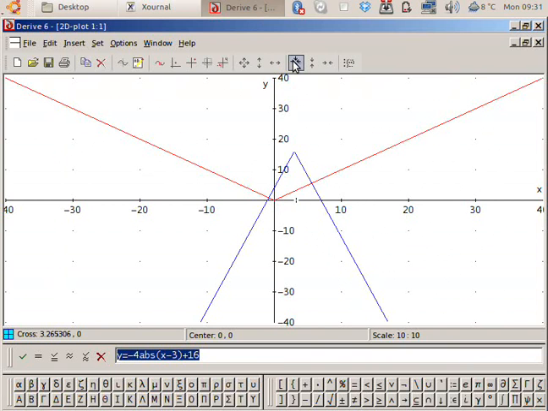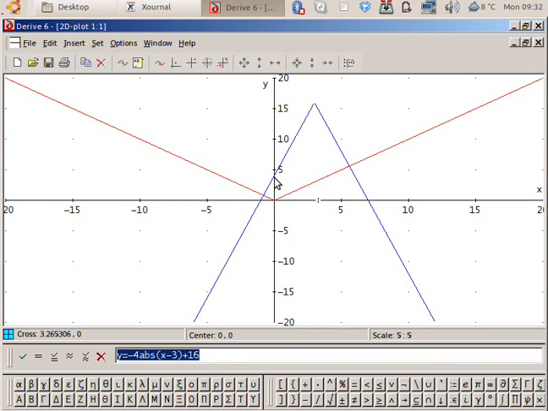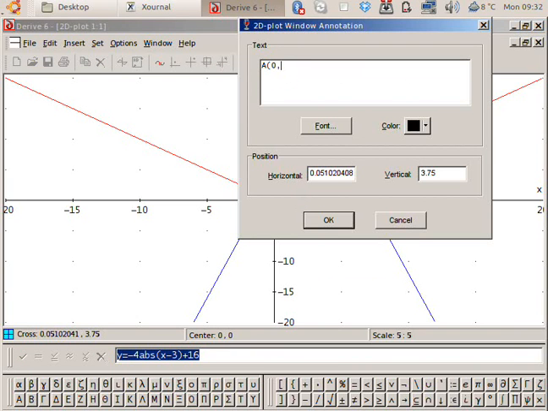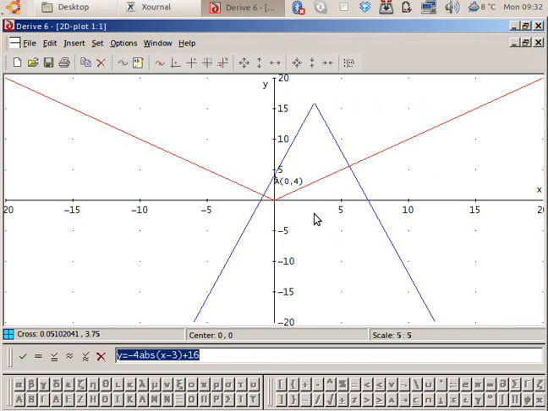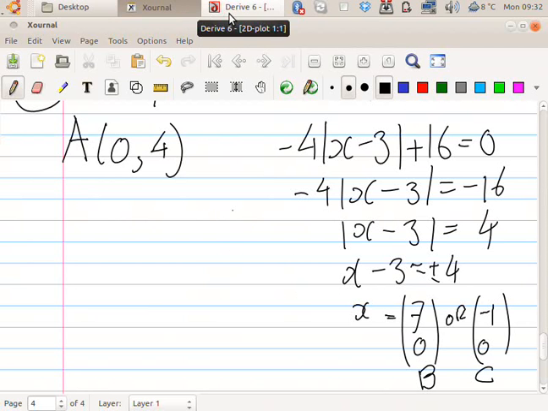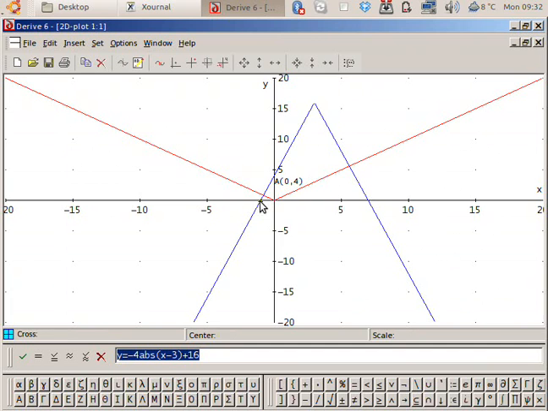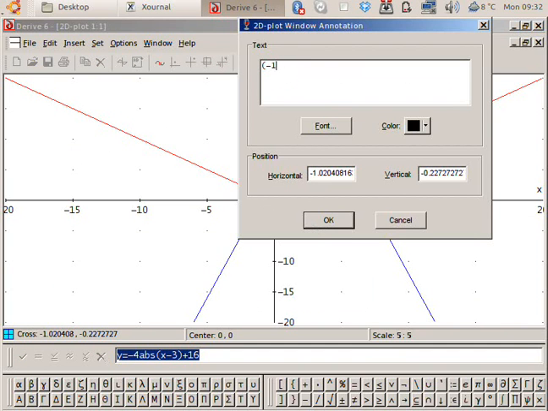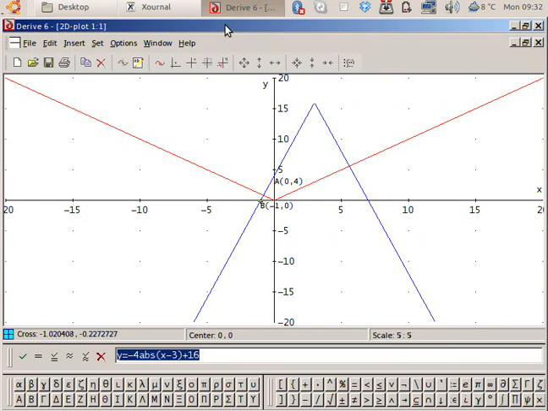Okay, here. 0, 4. Now, this one here is probably the -1, 0, yep. And then this one here is going to be the 7, 0.